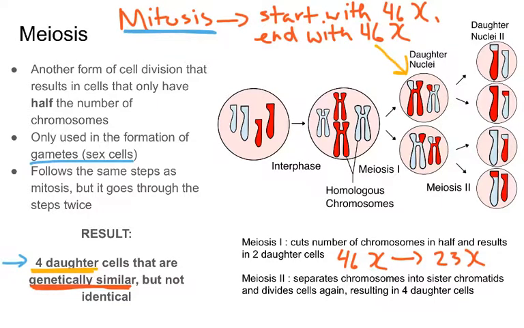And in meiosis 2, the whole point is to take those 23 chromosomes and split them up, each cell having 23 chromatids. So we go from a full complement of chromosomes to a half complement of chromosomes, and then from a half complement of chromosomes to a half complement of chromatids.